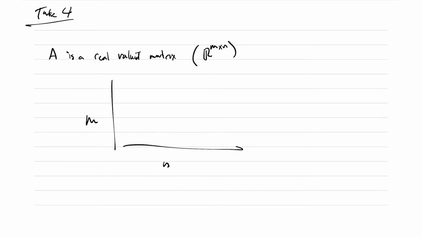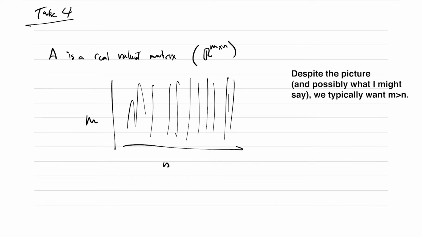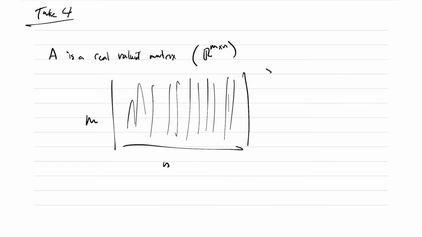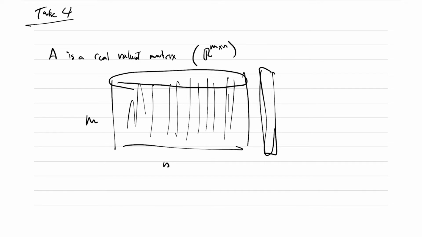We're going to start with a matrix A that is real valued, or a matrix with real entries. It is in R^(m by n), so it has m rows and n columns. If you put a vector here, you can figure out exactly what size that vector has to be, because we need as many entries here as there are columns.